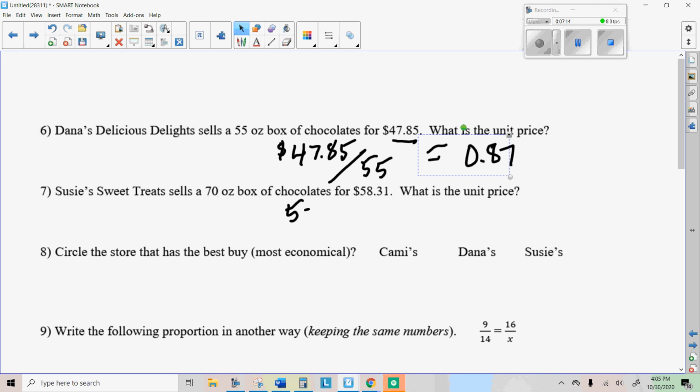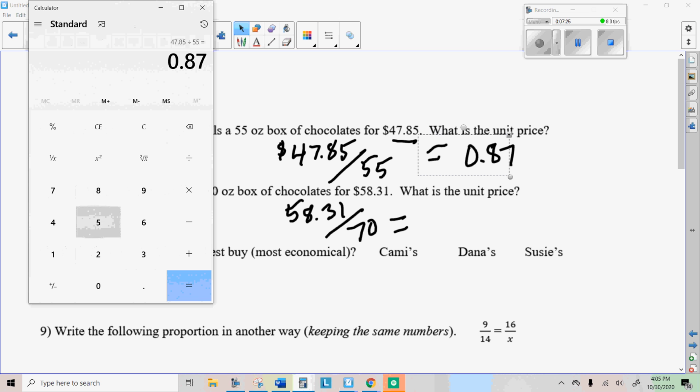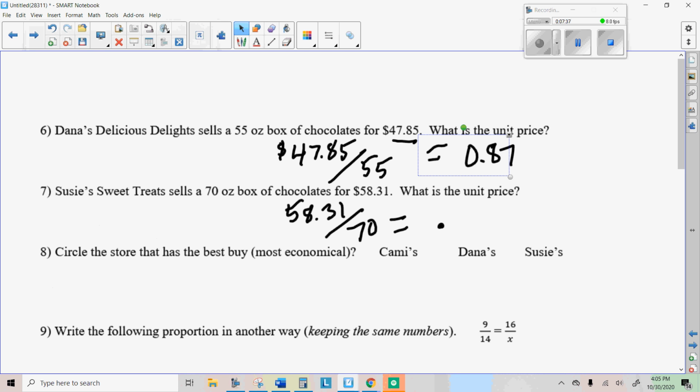And then $58.31 for 70 ounces at Susie's Sweet Treats. So let's divide that out. Find out how much it is per ounce there. And that's about 83 cents per ounce.